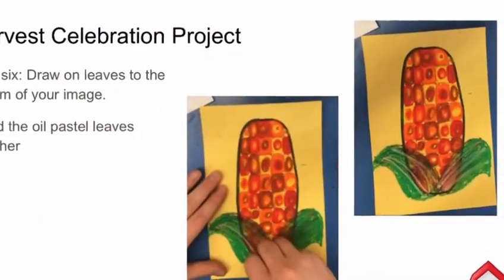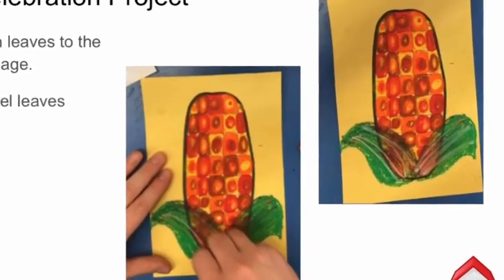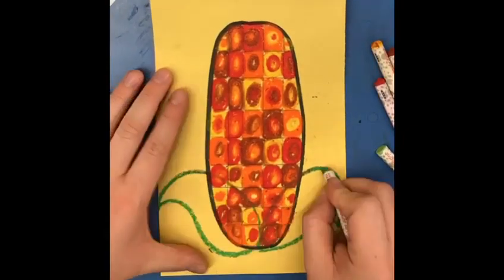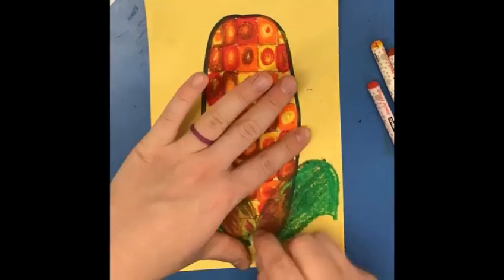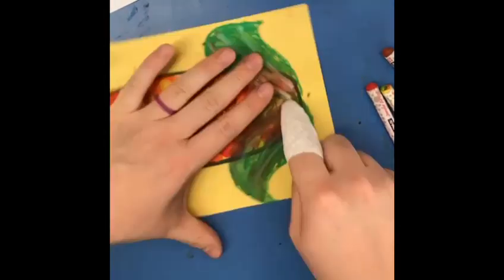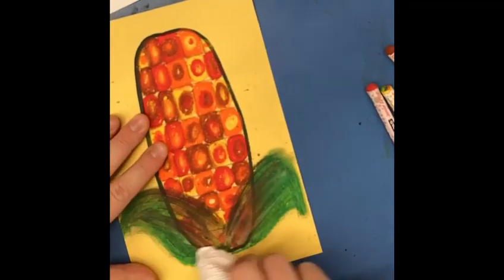Steps 5 and 6, we're going to draw leaves onto the bottom of our corn cob image and blend. To make my leaves interesting, I decided to use a multitude of colors: dark green, light green, yellow, and white. Using a fingertip that's wrapped in a paper towel, I'm going to blend my leaves until they are smooth together.